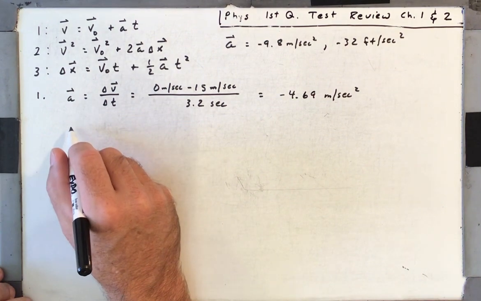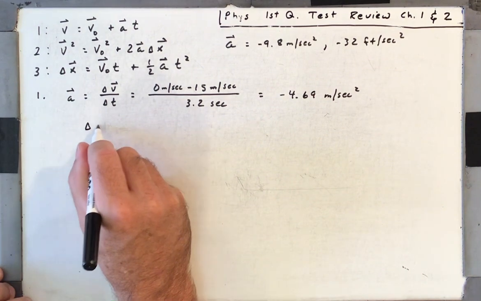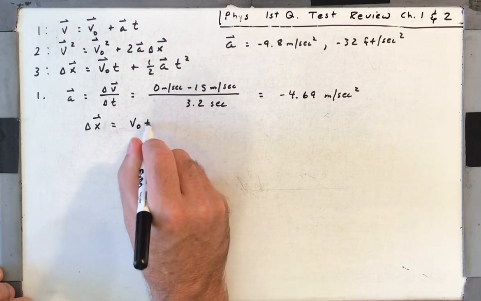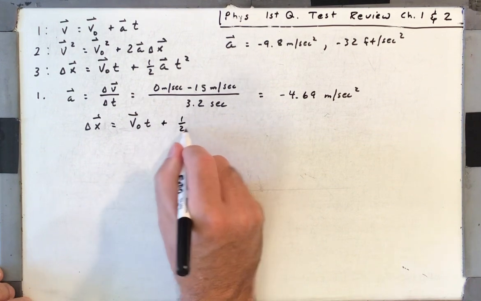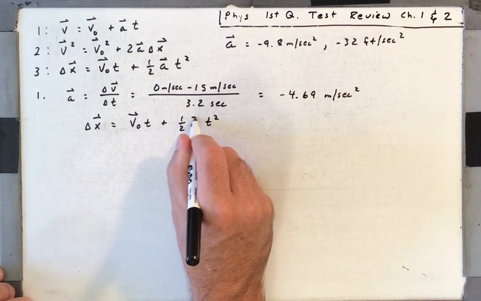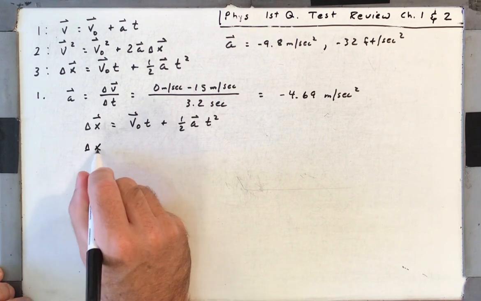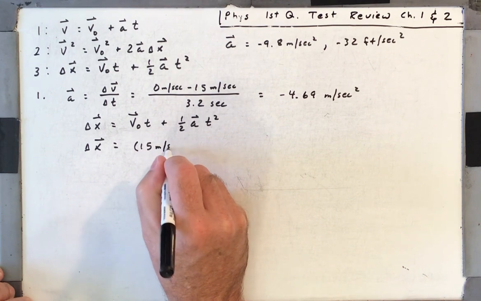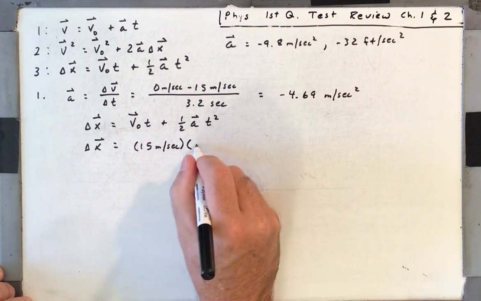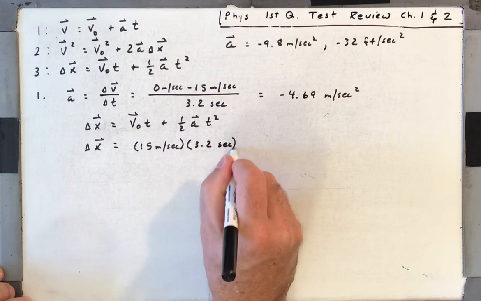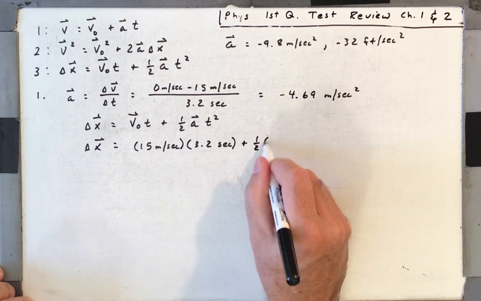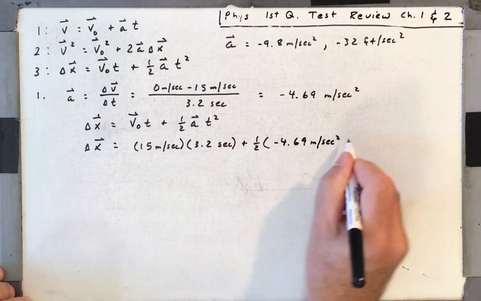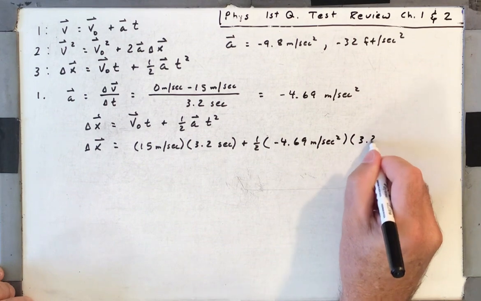We can get displacement. We have time. So displacement is equal to v naught t plus 1/2 acceleration times time squared. All right, so that's going to be 15 meters per second times 3.2 seconds plus 1/2 times negative 4.69 meters per second squared times 3.2 seconds.